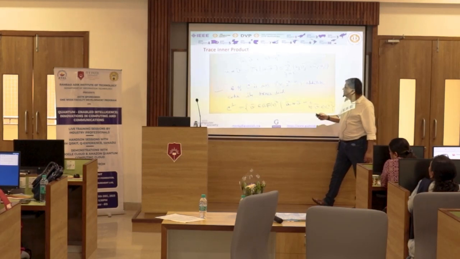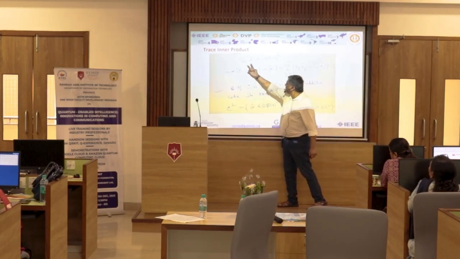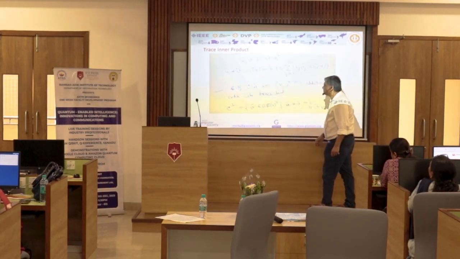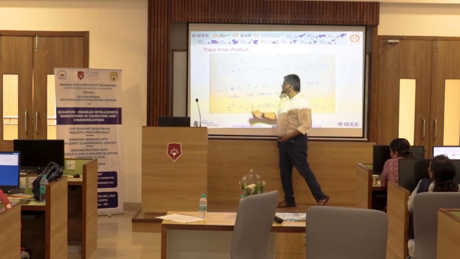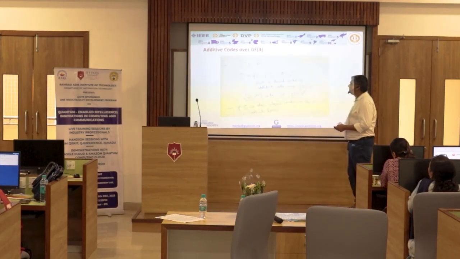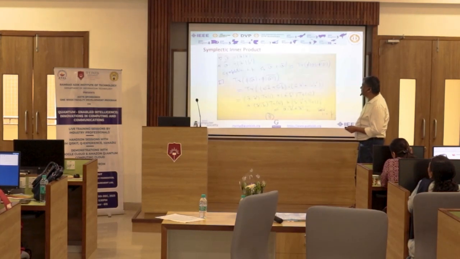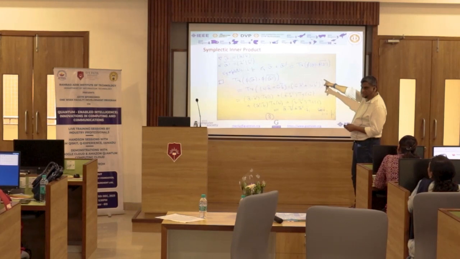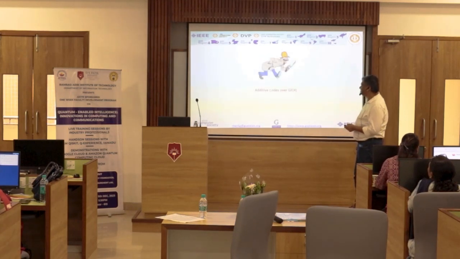Okay? So now, another interesting thing, between two vectors like this, I can define what is known as the trace inner product. Motivated by this fact, the symplectic inner product between u and v becomes a trace. So I should study the trace inner product over the vectors.